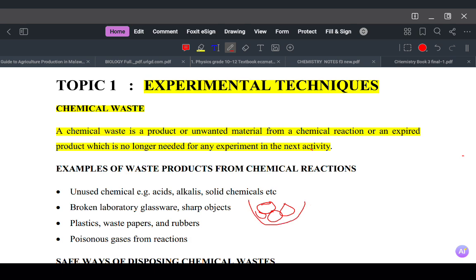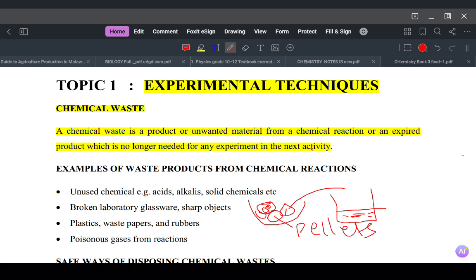The instruction says add the pellets to water, and you find that after doing this, you make a solution of sodium hydroxide, but you still have some pellets remaining. These remaining sodium hydroxide pellets are considered to be wastes.